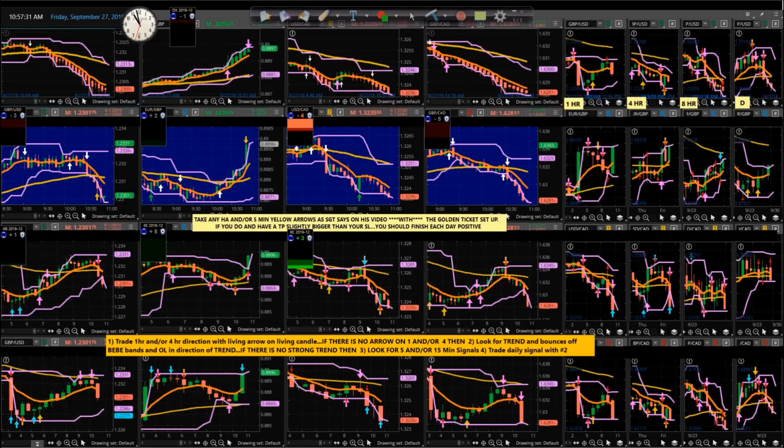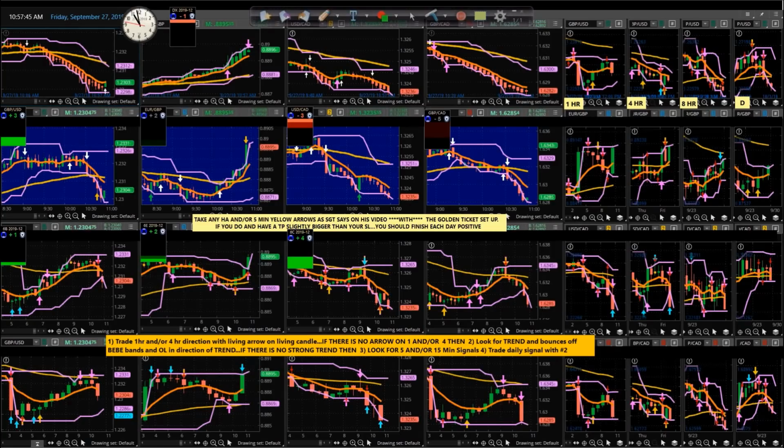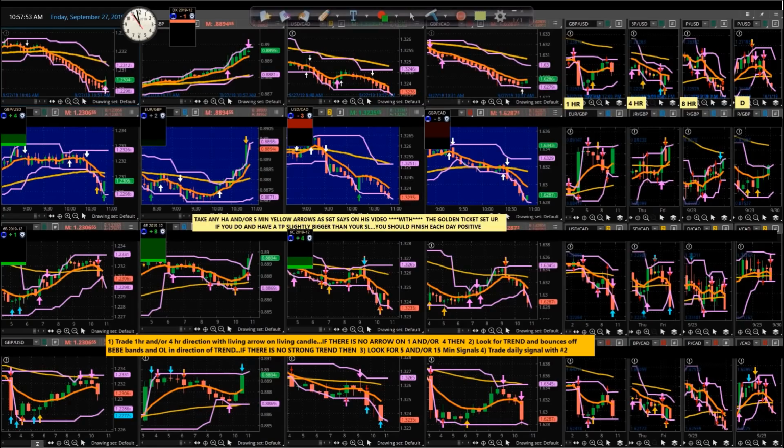I knew if it was gonna go against me, it's gonna go against me a few because I took a trade too early. But when you're at the top of the bands and you do have a proper stop loss and you're going with the trend, as you saw, I was risking 12 to 15 pips because of an early entry, but I knew my trade was gonna win, but I had my take profit way more than the initial move and I was able to win.